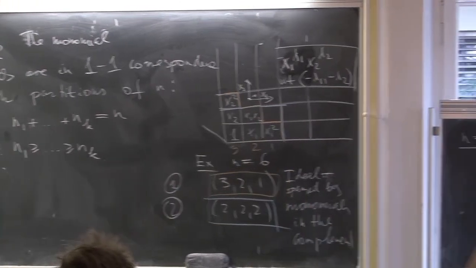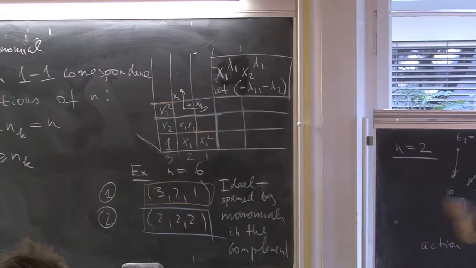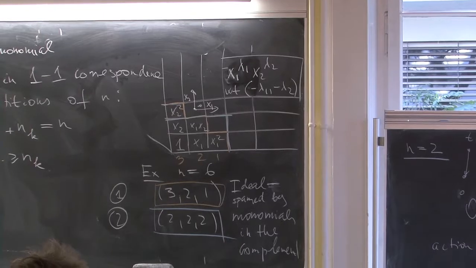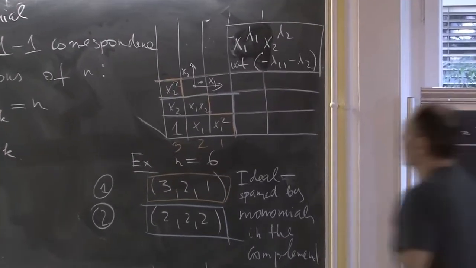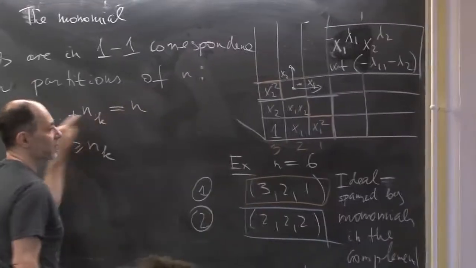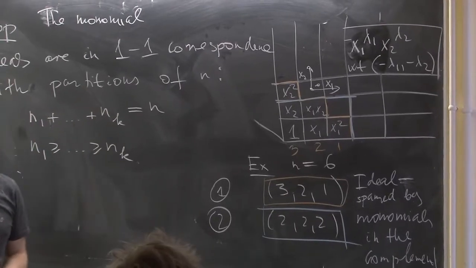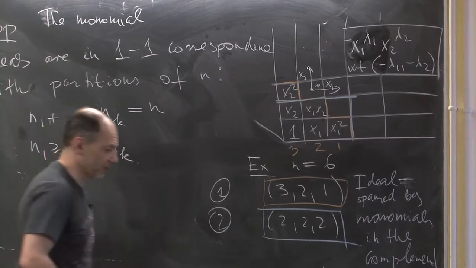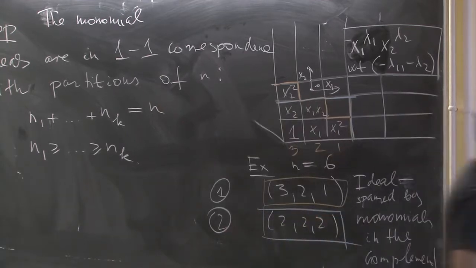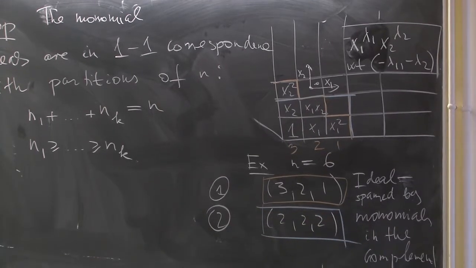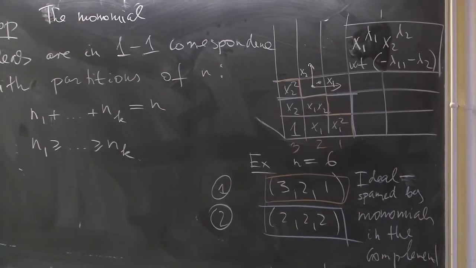So this is really an ideal, and it's clearly monomial, and so according to this proposition, these are the fixed points. So in fact, for Hilbert n, there are as many fixed points as there are partitions.